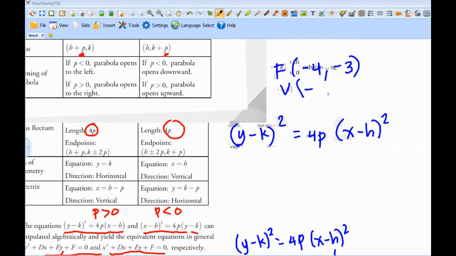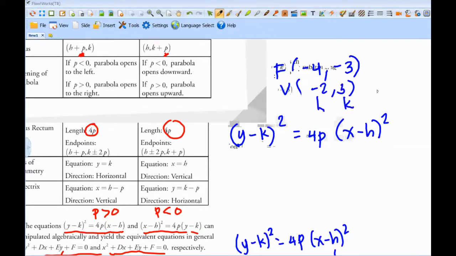Negative 2 and 3. Negative 2 and 3. Okay, so this is our h and this is our k.